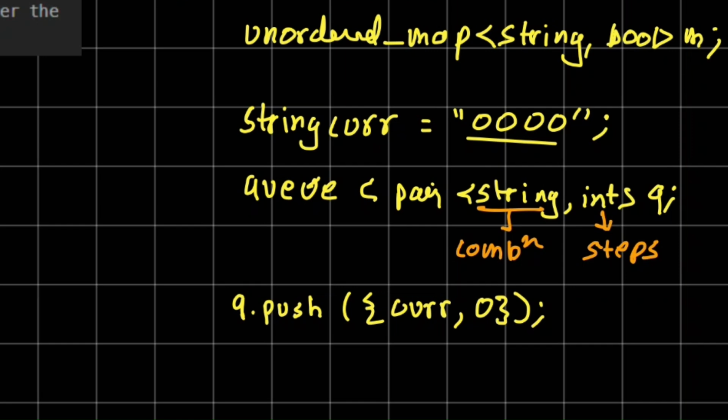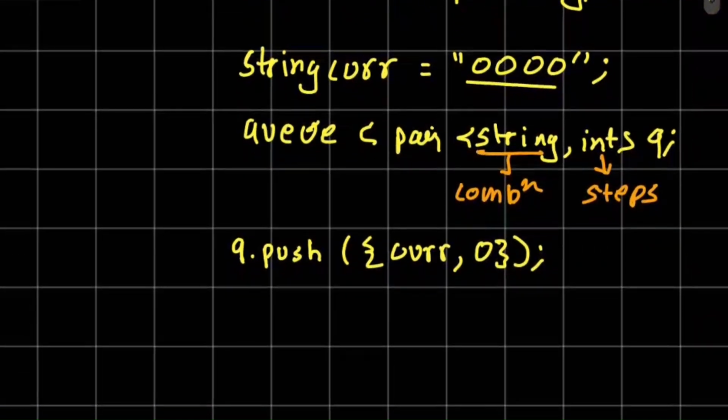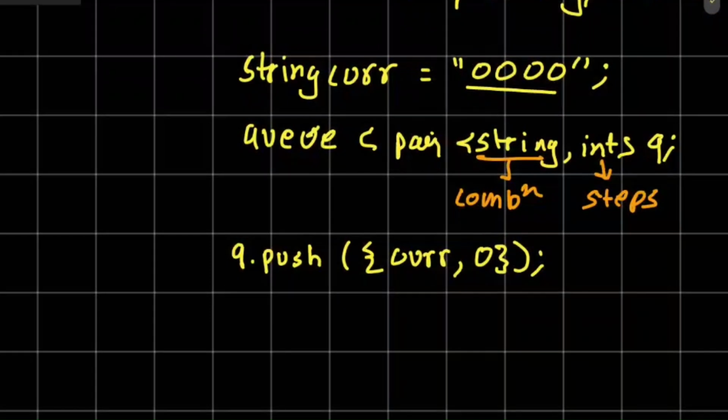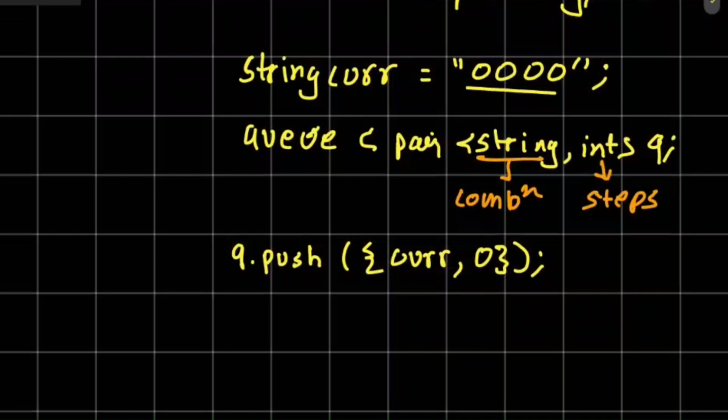You can use the make pair function here as well. Now we will just pop one element from the queue, explore all of its neighbors, and if the neighbors are target, we will return the answer, or if the neighbors are already visited, we won't push it into the queue, else we will have to push it into the queue for further exploration.